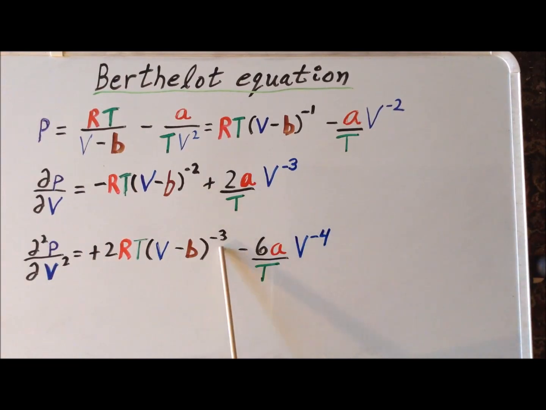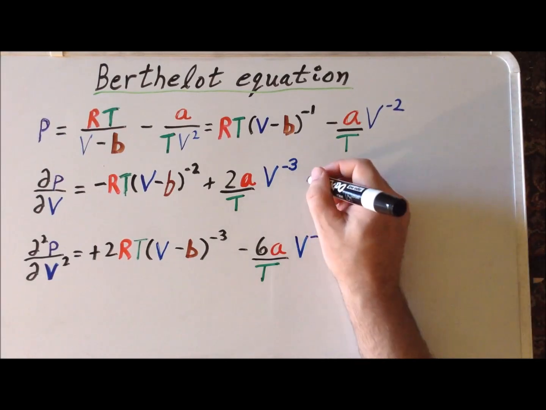The minus 2 now becomes a minus 3, so we have plus 2RT, the quantity v minus b to the minus third power. Then for this particular term, our minus 3 multiplies our plus 2, so we get a minus 6a over T, and the minus 3 becomes a minus 4. At the critical point, both the first and the second derivatives of the pressure with respect to the volume will be equal to 0.